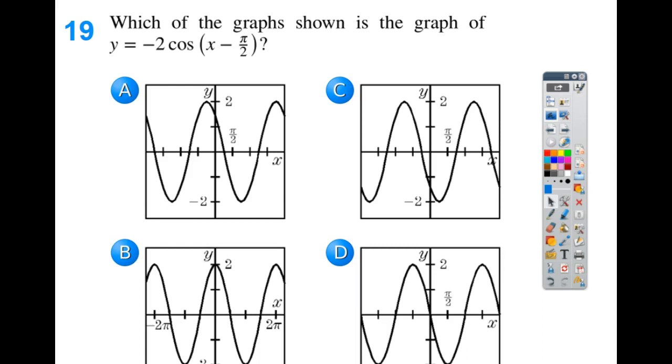Did this one move to the right? It didn't. It's right on 0 still, so it's not that one. Did this move to the right? It did. This one didn't move far enough, but this one moved pi over 2. So that is your answer, D.